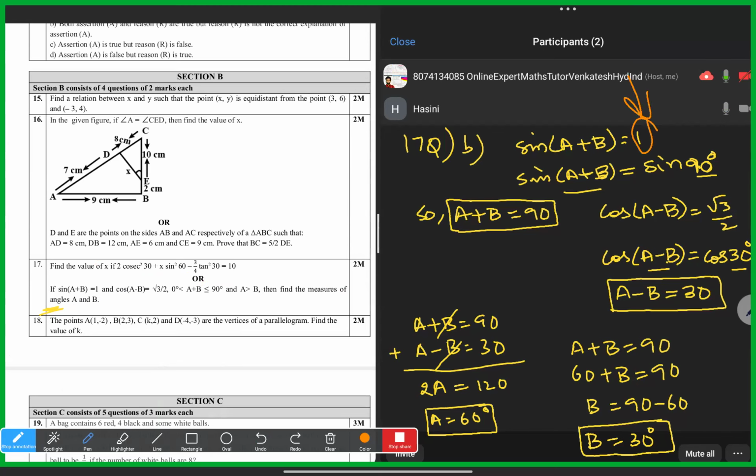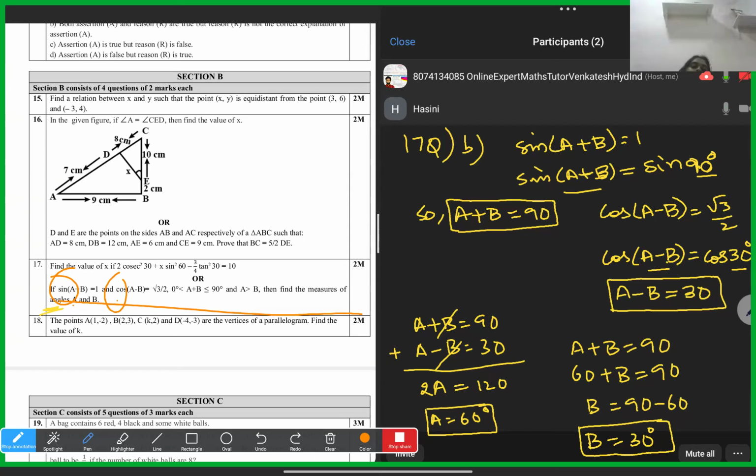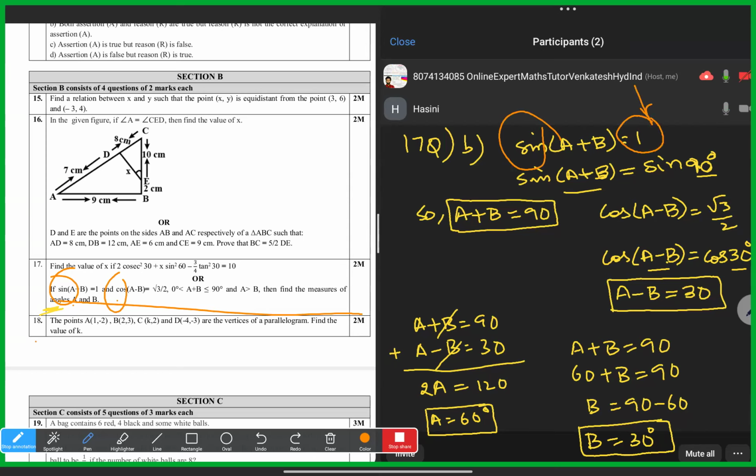Okay, sir. So they may change it with tan and cot in the exam. The same question, they'll change the trigonometric ratios. Here sin and cos are given, no? Yes, sir. Secant, cosecant, tan, cot like that, they'll change the trigonometric ratio. That particular value which will be given here, whatever angle is there, that we should write.